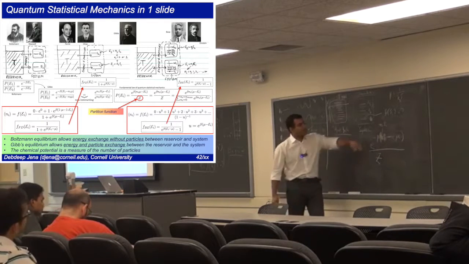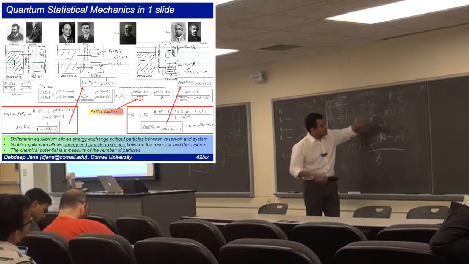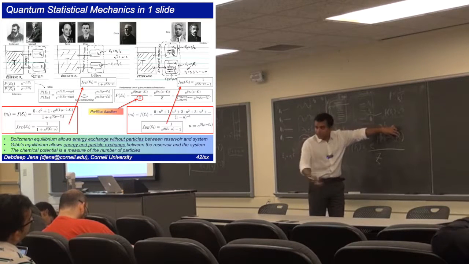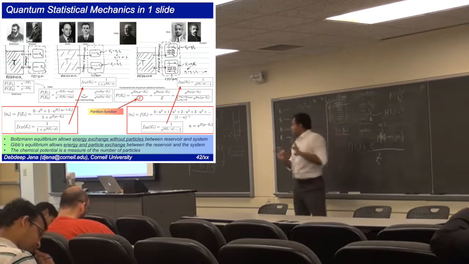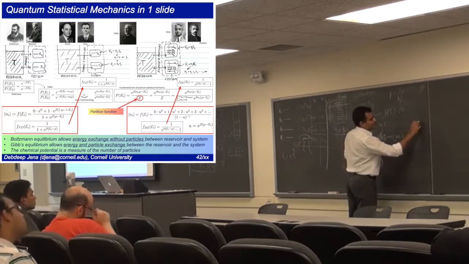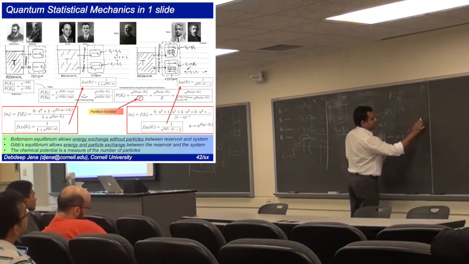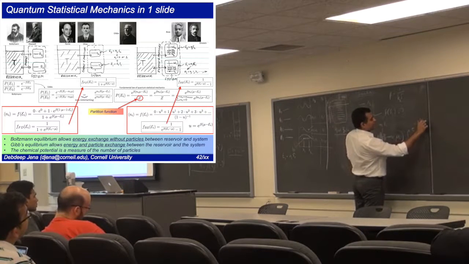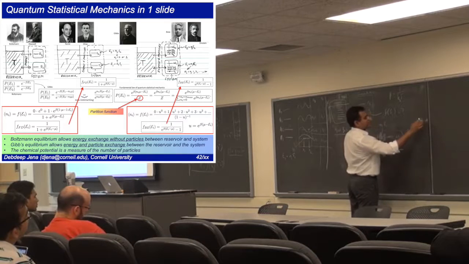Total energy. So essentially, what you're doing is e to the power minus beta, total energy minus total chemical potential in some sense. The more accurate version looks like e to the power minus beta, Hamiltonian minus chemical potential times number of particles.